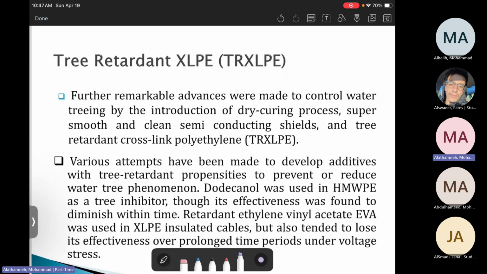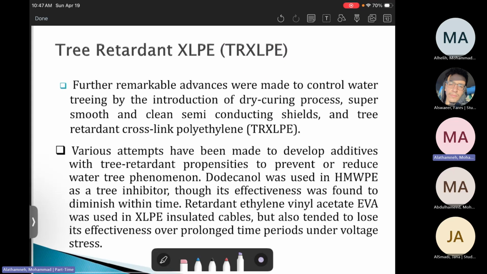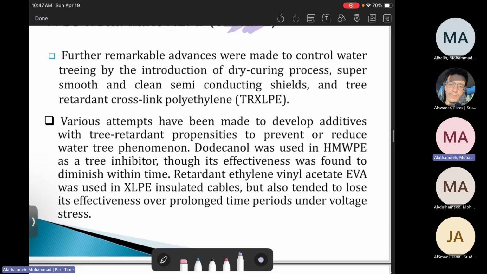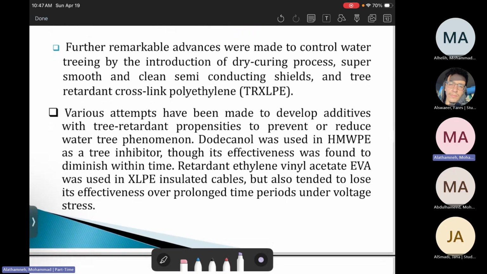Tree retardant XLPE, which is called TRXLPE, that's the shortcut for it. For further remarkable advantages, they were made to control the water treeing by introducing the dry curing process, super smooth and clean semiconductor shields, and tree retardant cross-linked polyethylene.